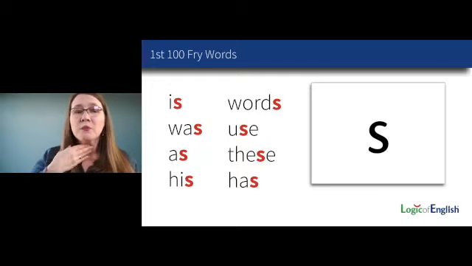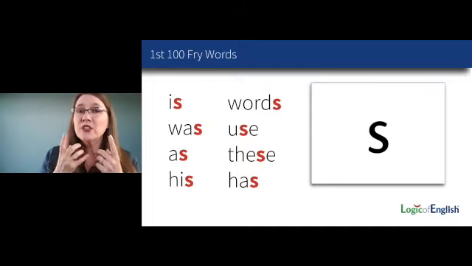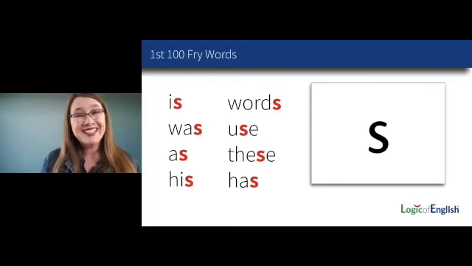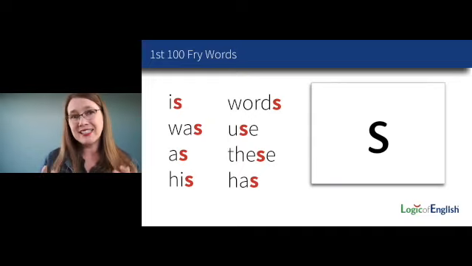And if you feel the shape of your mouth when you say S and Z, you'll notice the shape of your mouth is exactly the same. So S and Z are what is considered a voiced and unvoiced pair. And I think for some students, the approximation is close enough. They don't even notice that S and Z are different.